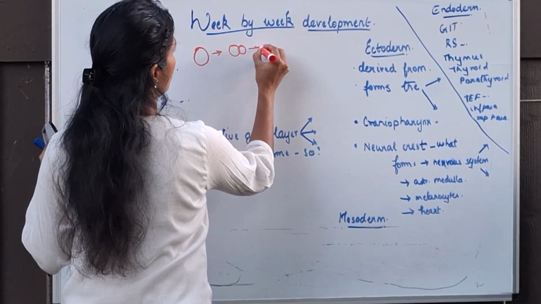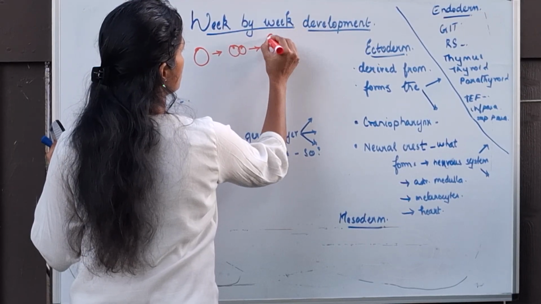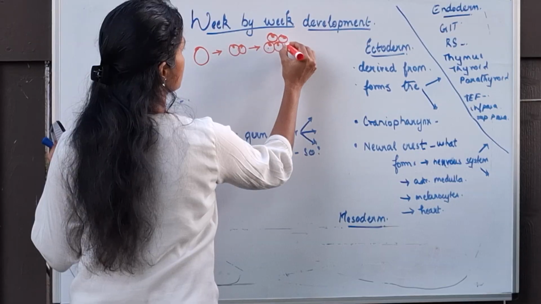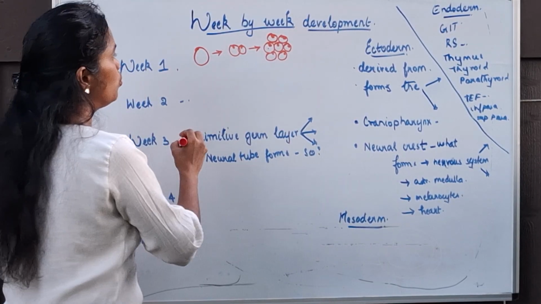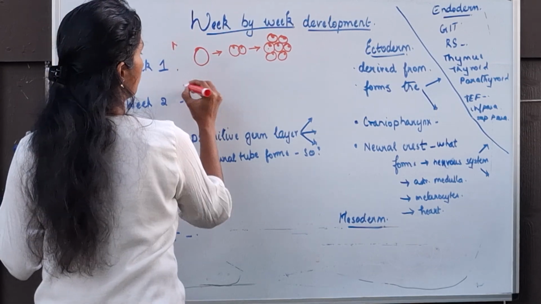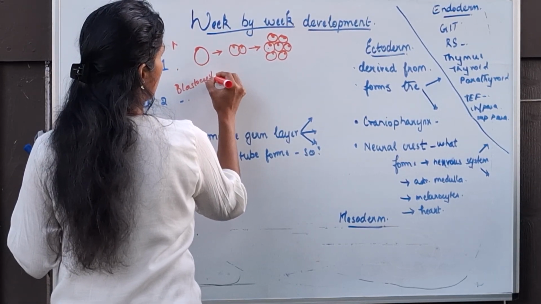So it will divide into 2 and then it will divide into a ball of cells. So this is formed in week 1. In week 2, week 1 we have the morula form. Week 2 we have the blastocyst. So what do we understand by a blastocyst?